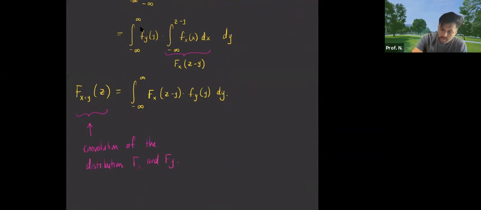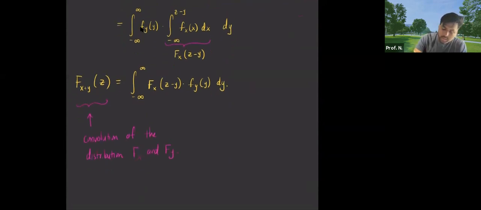And the reason why we write it this way is because once we have the cumulative distribution function, we can find the PDF by taking the derivative.